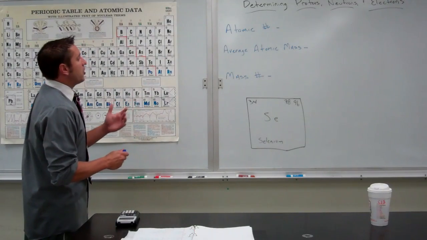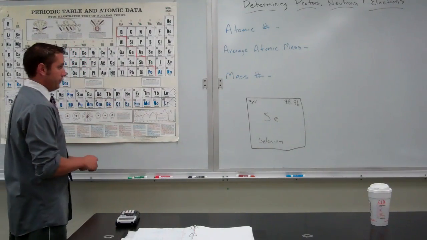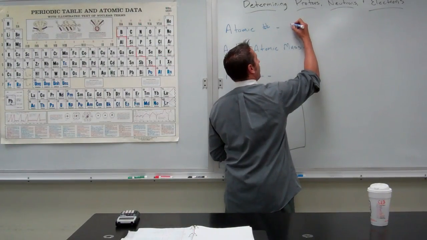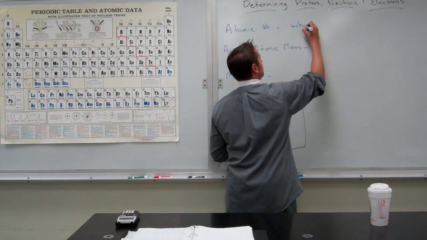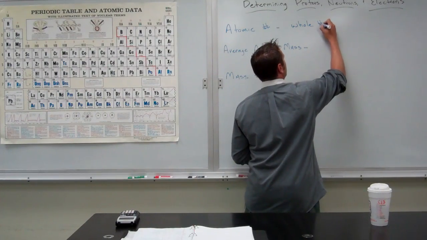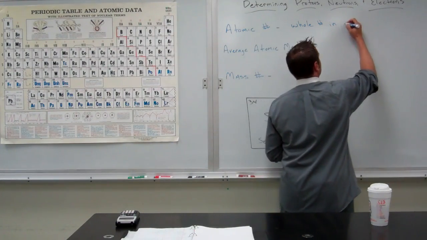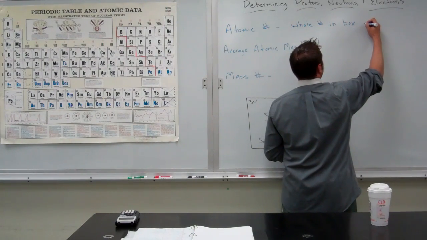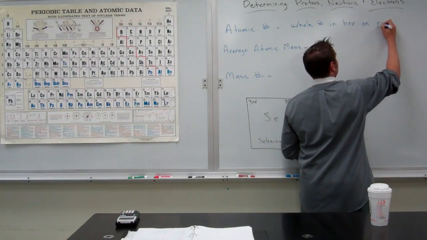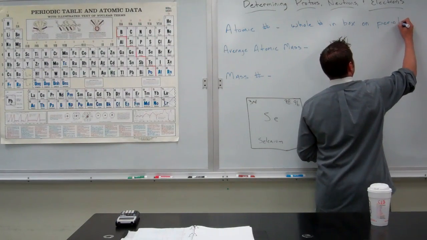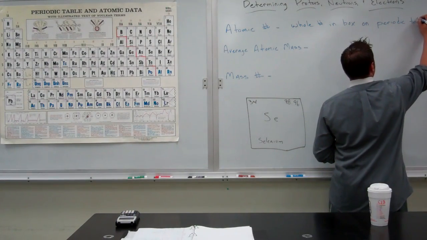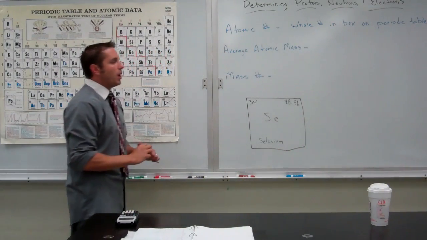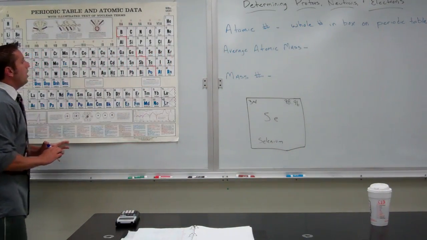First thing is called the atomic number. The atomic number is the whole number in a box on the periodic table.